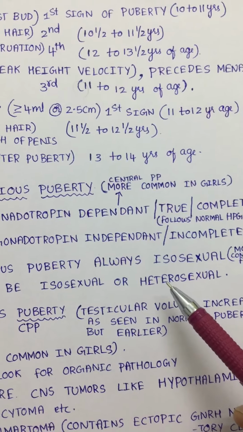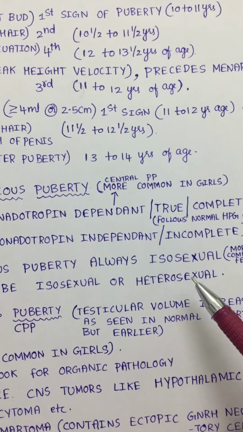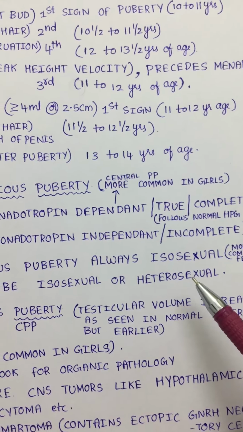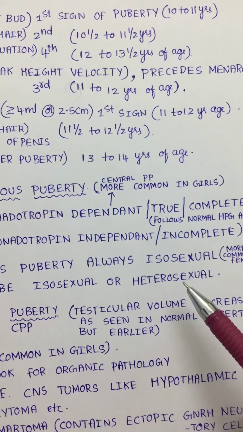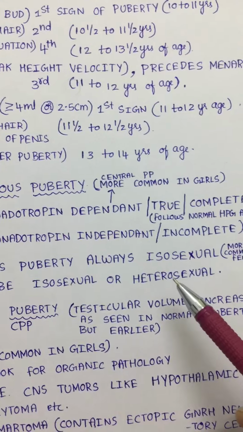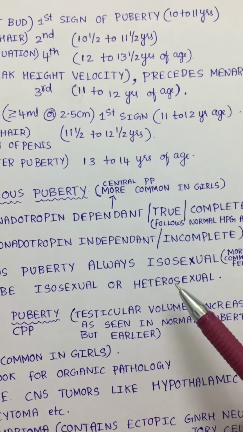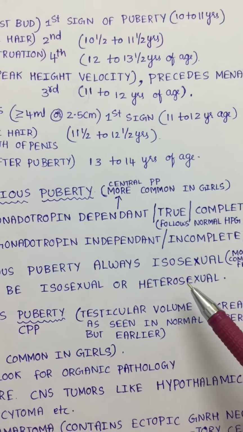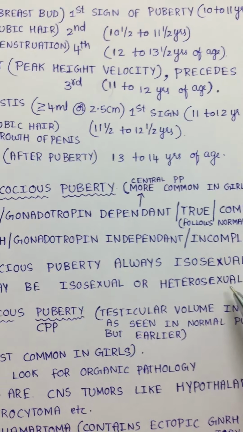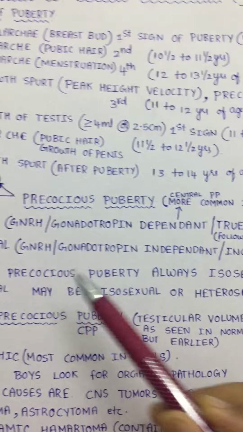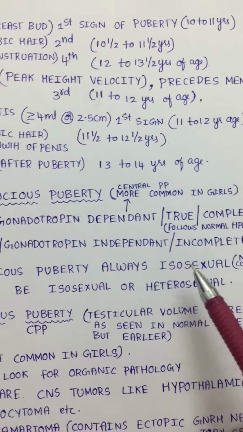In the heterosexual type, the females with 46XX chromosomes can have external and internal genitalia different, like males. So it can be heterosexual also. Whereas central precocious puberty is only isosexual.